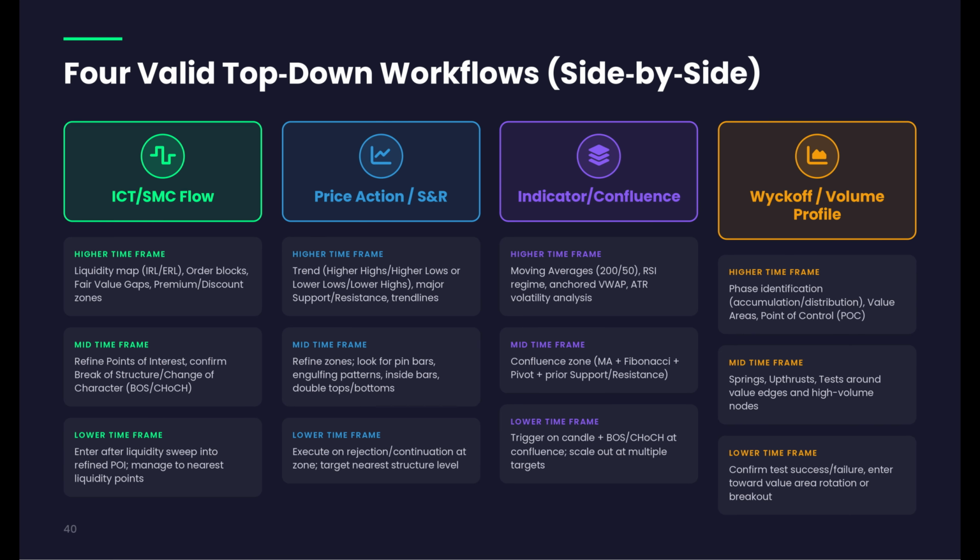On your intermediate time frame, you're refining those points of interest you identified on the higher time frame. Perhaps that order block on the 4-hour chart spans 60 pips. On the 15-minute, you narrow it down to the core 20-pip zone. You're confirming break of structure or change of character, validating that the market structure aligns with your bias.